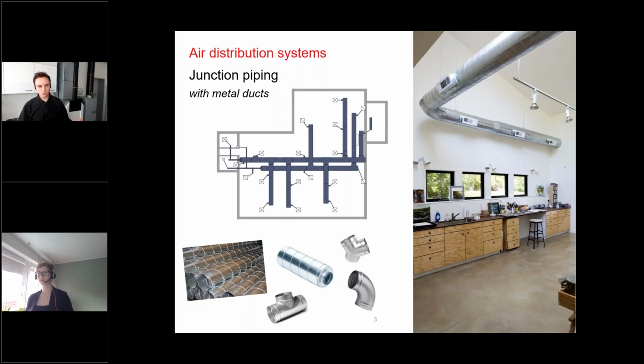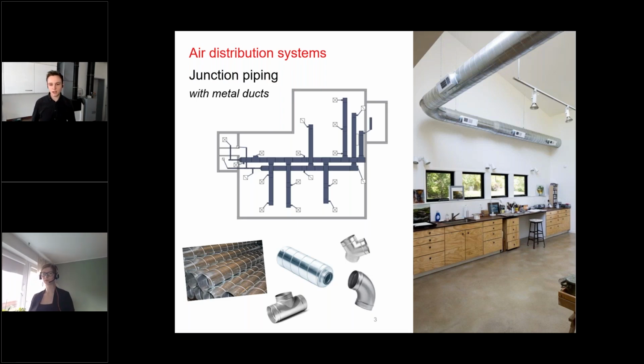When we are talking about air distribution systems, I would firstly like to present our system. What you all know probably, what is the most common system, is the so-called junction piping. You all know this from bigger applications like shopping malls or sport halls, offices, or huge buildings. These systems are typically built with metal ducts, especially spiral ducts.